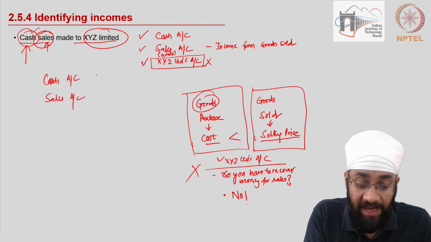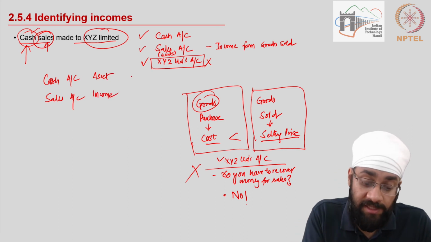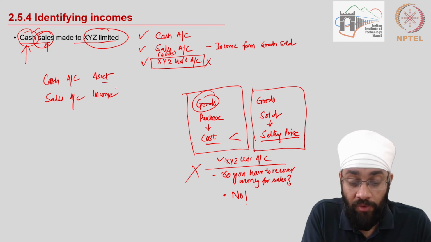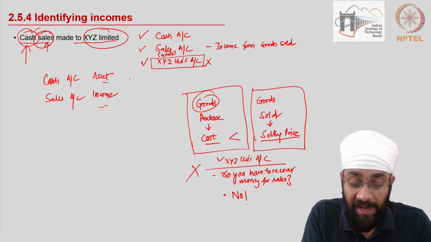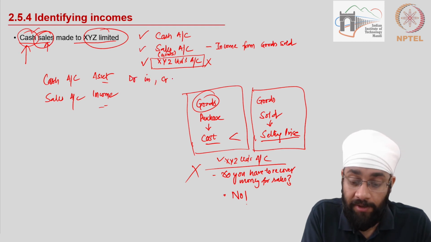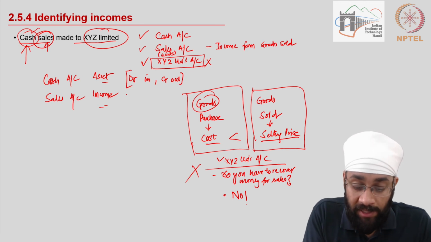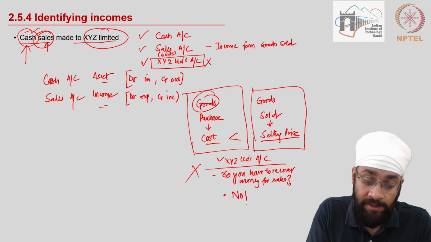All right. Cash is an asset, sale is an income. The rule for asset is different, for incomes is different. Rule for asset is debit what comes in and credit what goes out. I'm just using shorthand for this. For incomes, you have debit all expenses and losses and credit all incomes and gains.